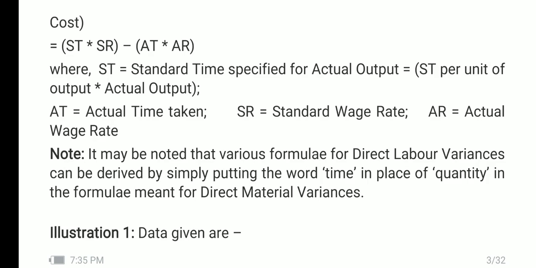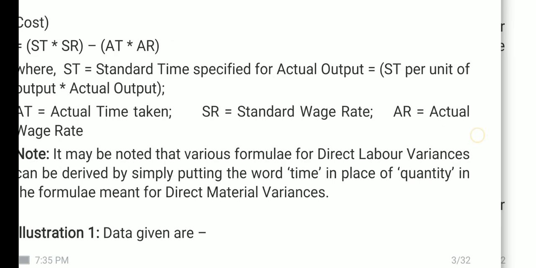It means that when we have understood direct material variances, just by substituting the word time for quantity, we can get the formulae for labor variances. We can understand the computation of the labor variances with an illustration.